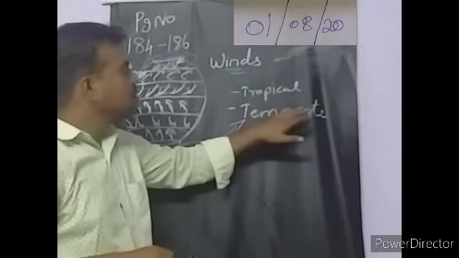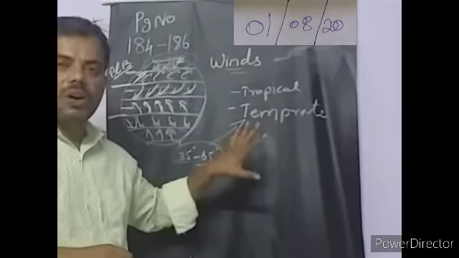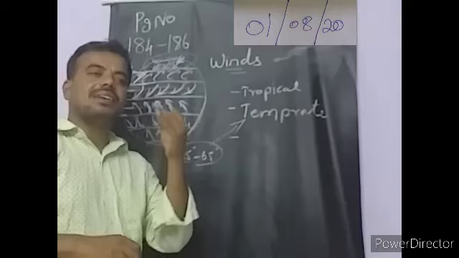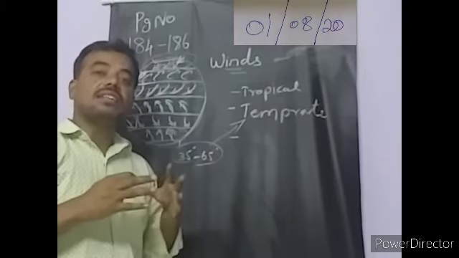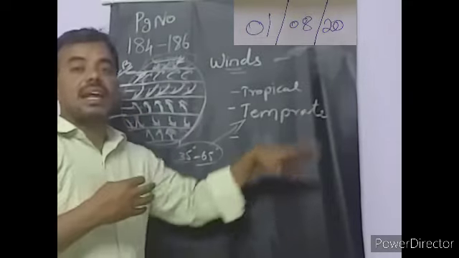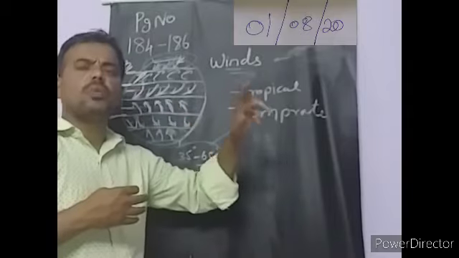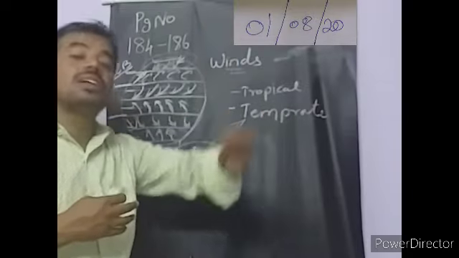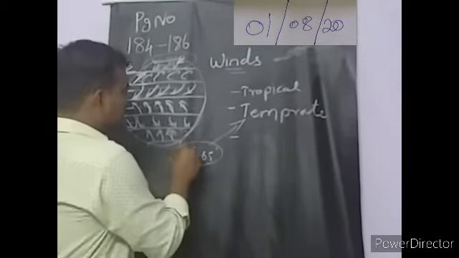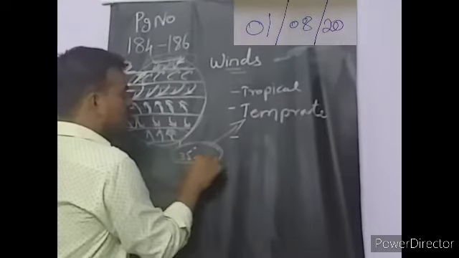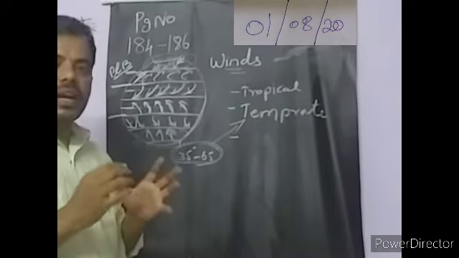These temperate cyclones will be formed because a cold wind and a warm wind interact and then blow towards a certain direction, especially the Mediterranean and European countries, and it will extend up to Russia. From 35 degree to 65 degree, we will get this kind of winds.